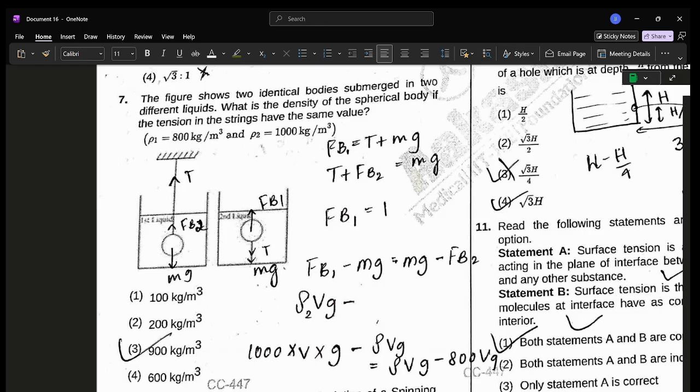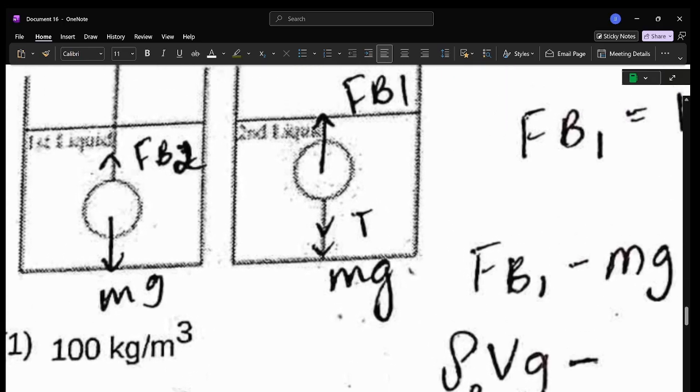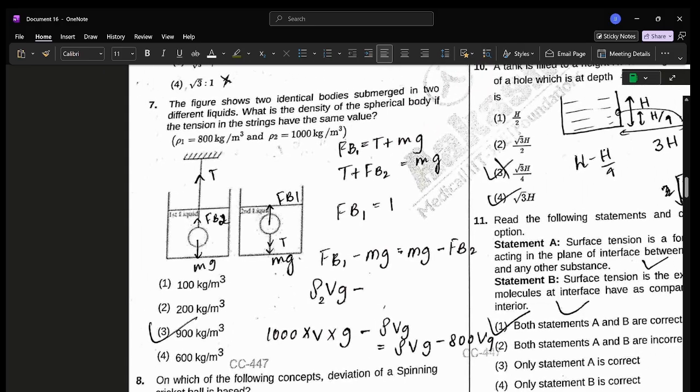Let's consider it in equilibrium. This was something I was thinking about, whether I could consider them in equilibrium or not, but fine. Tension plus buoyant force is equal to mg. Weight is downwards, buoyant force is upward. There's no tension. Oh, sorry. This is not an arrow, but a string holding it from below. So there is tension there. So it's T plus mg, which is Fb. Now Fb differs. Why?